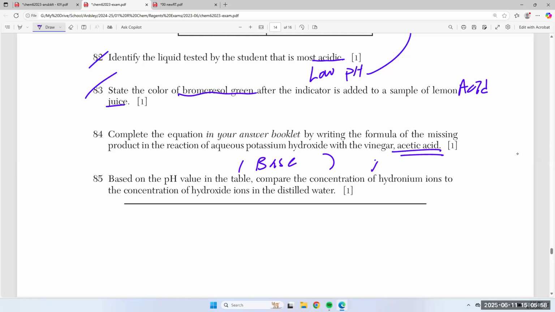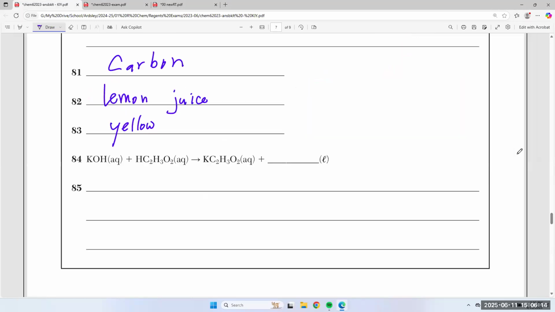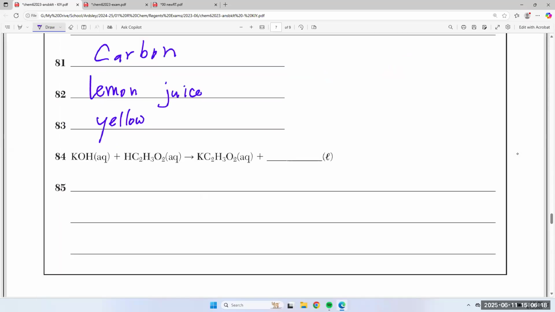Base plus acid is what? Neutralization, which gives me something and water. This is salt, ionic. Base plus acid gives you salt.